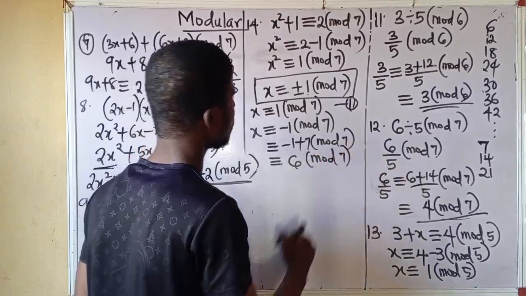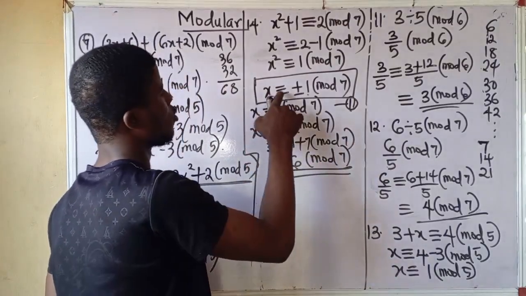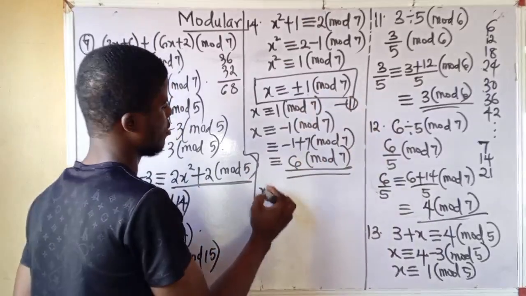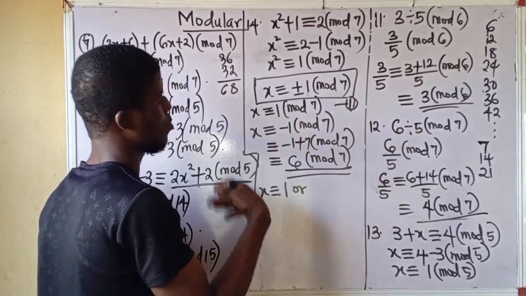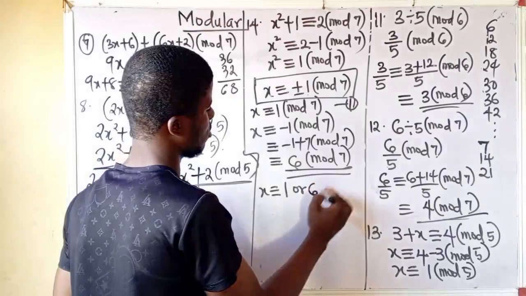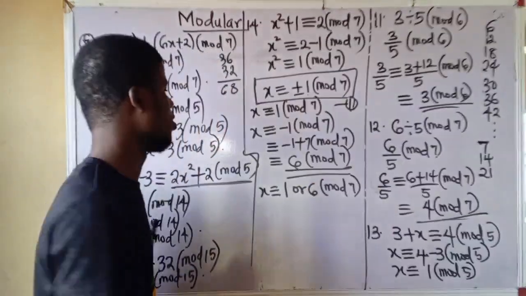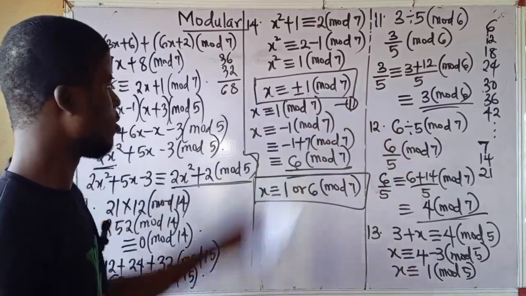So we can say that x is congruent to plus or minus 1 modulo 7, or x is congruent to 1 and 6 modulo 7. You understand now? So this could also be the solution. This can be the solution or this as well.